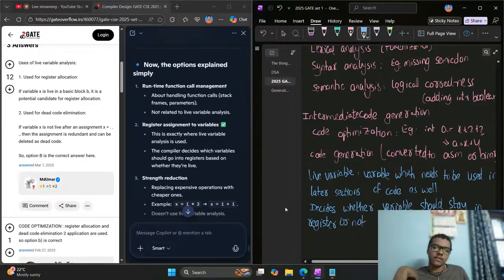Alright. So it is strength reduction, constant folding. Since there are options, it is important. Strength reduction is, I plus I can be I times 2. So 2 plus 2 to 4 is constant folding.